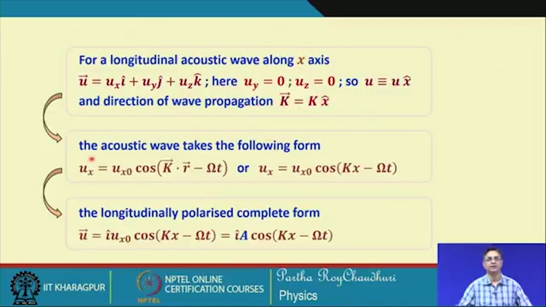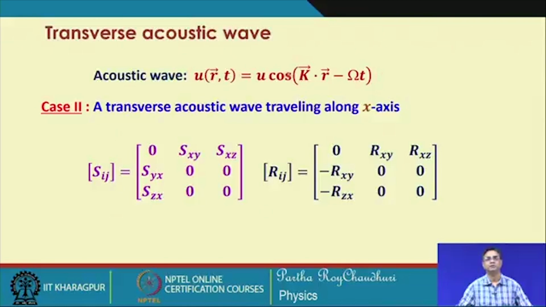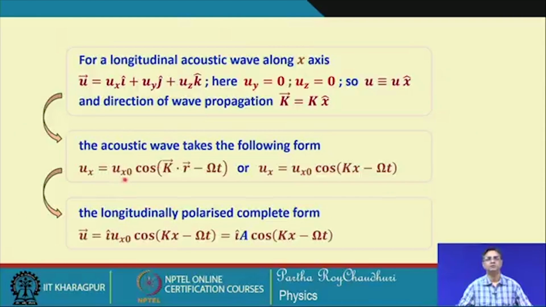Using this, we can write the acoustic wave equation, which transforms to this form: the amplitude u x 0 cosine of k dot r minus omega t, or equal to k x minus omega t, because now k dot r is simply k into x. Since the direction of propagation and the propagation vector are along the same direction, the dot product is simply the product of these two quantities.